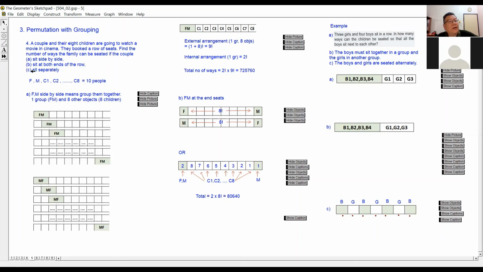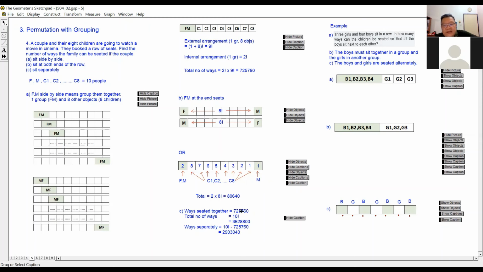Now, in the first question, part A, they want the father and mother to sit together. But in the last part, part C, they want the father and mother to be seated separately. That means they cannot be together, they must be separated. How to count like that? Okay, so we count like this.